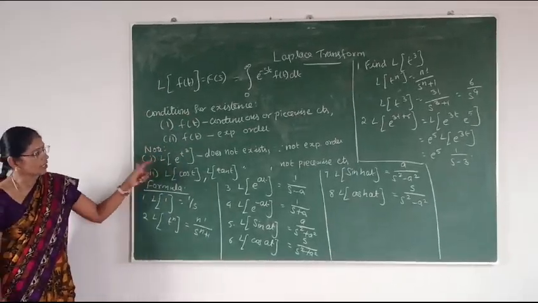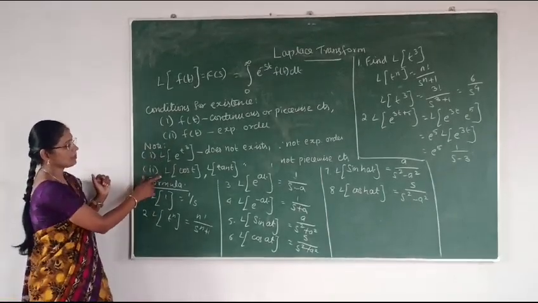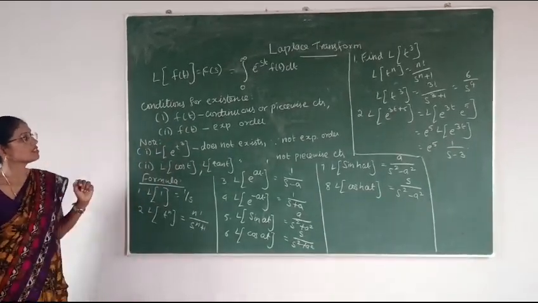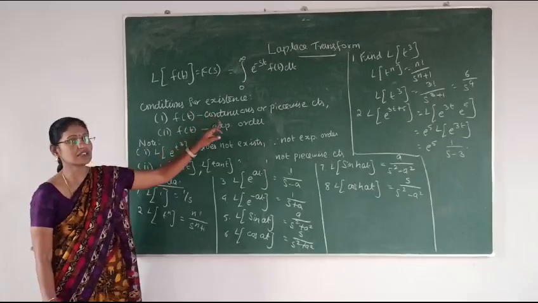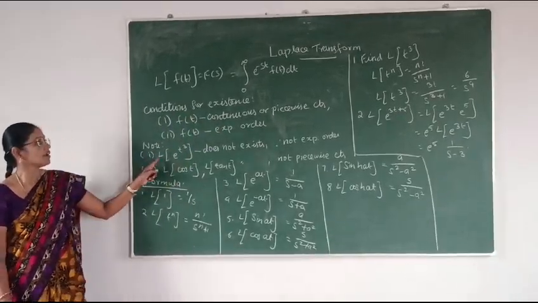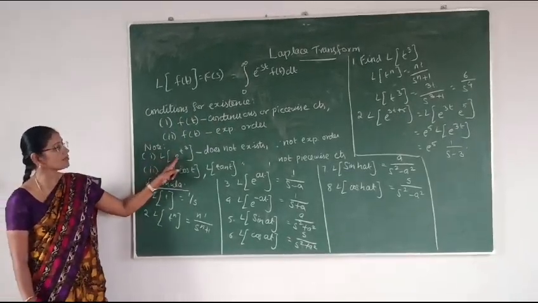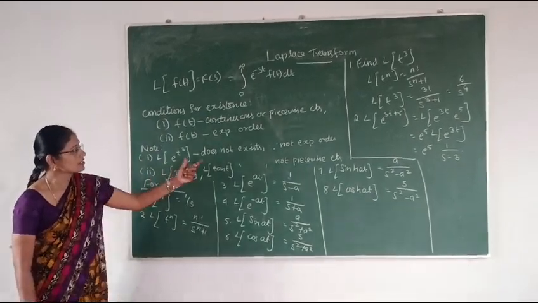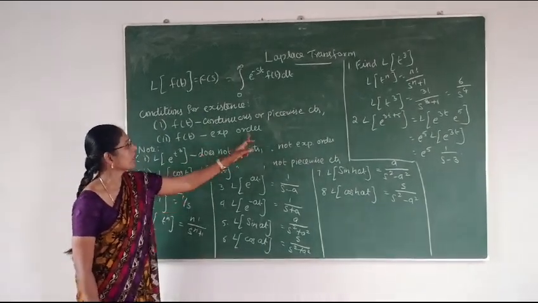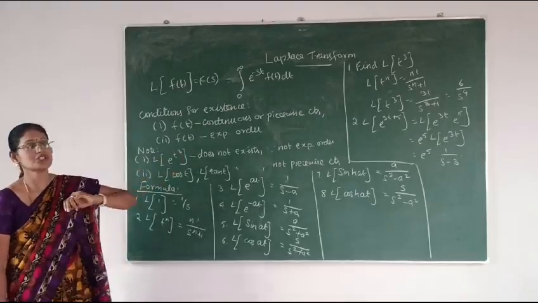Now we are not able to find the Laplace transform for these functions because the existence conditions are not satisfied. The first one is the Laplace transform of e power t cube. This does not exist because it is not of exponential order.